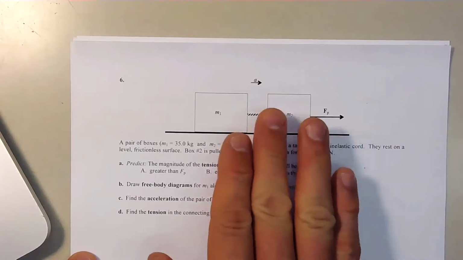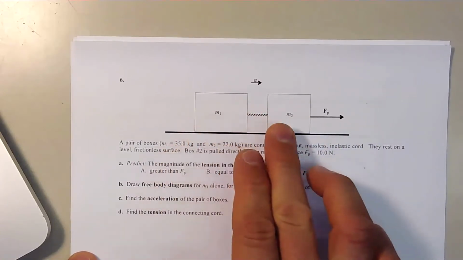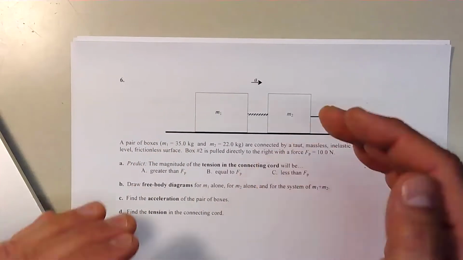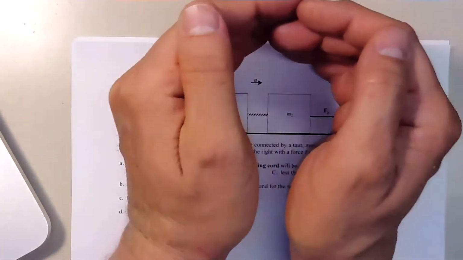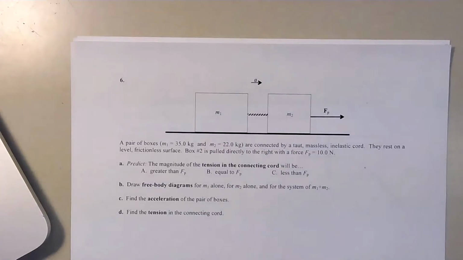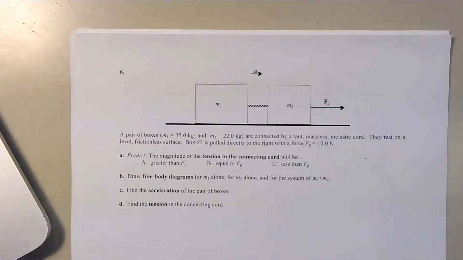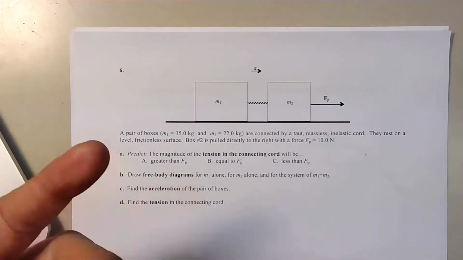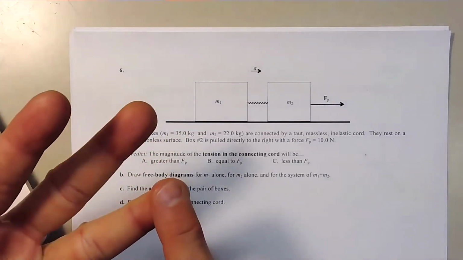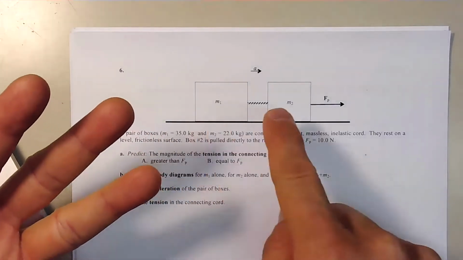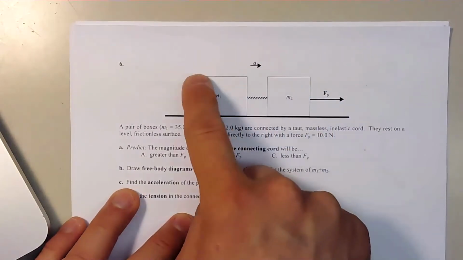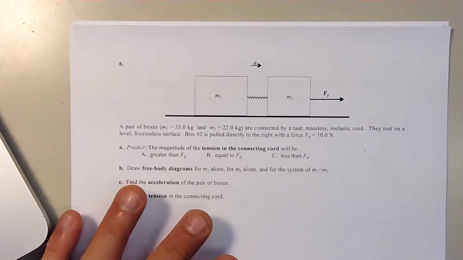Then the motion of object 1, the motion of object 2, and the motion of the system, M1 and M2 as a whole, the system of masses, will all be identical. And I'm using motion here loosely to mean the acceleration, the velocity, and the displacement of mass 1, mass 2, and the system, which are all exactly the same.